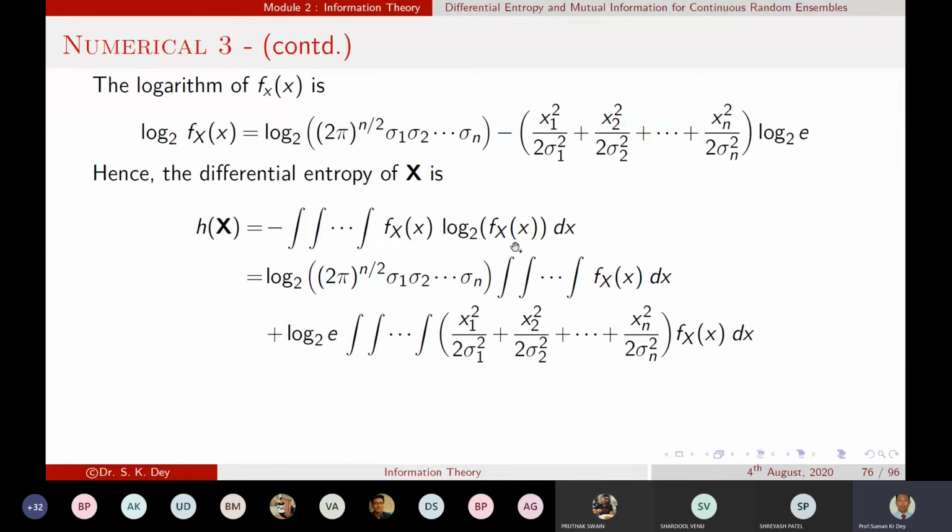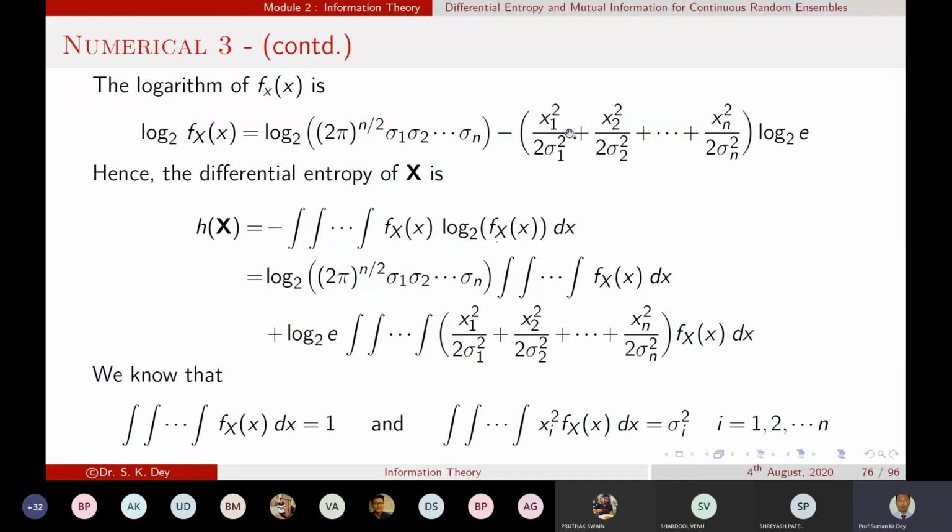At the first stage we are replacing the log 2 base f of x x using this equation. This term is a constant term with no variables, so we can take it outside. And since there was a minus, the minus will be cancelled. Is it okay now?